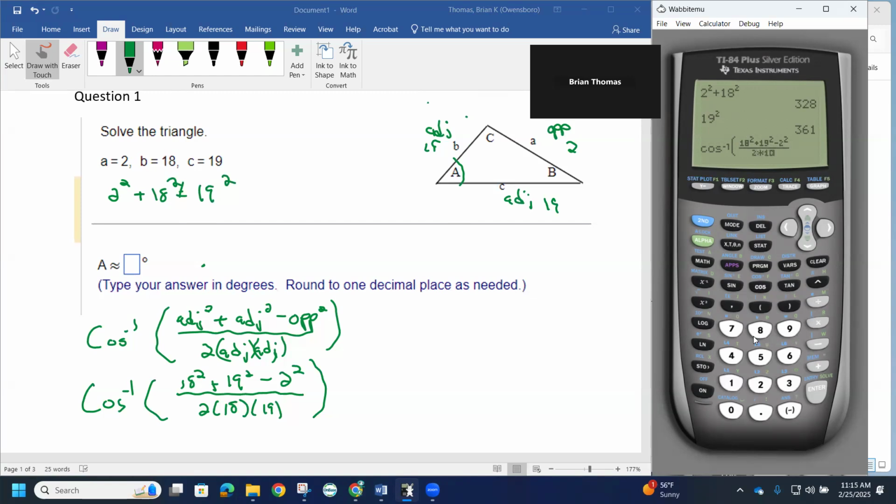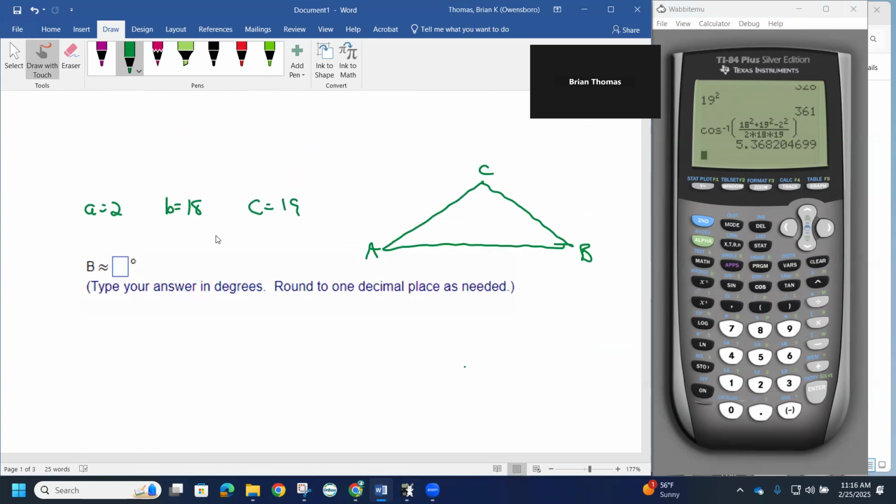You can just put 2 times 18 times 19. It's still recognized as the denominator. So that's going to give us then this 5.36. And since it says round to 1 decimal place, that means we're going to be rounding the 3. And that 6 would say round up to the 4 then. So 5.4. So 5.4 degrees would become the answer to angle A.